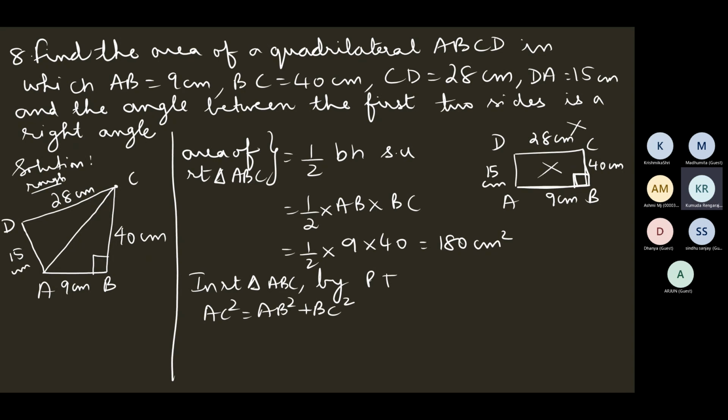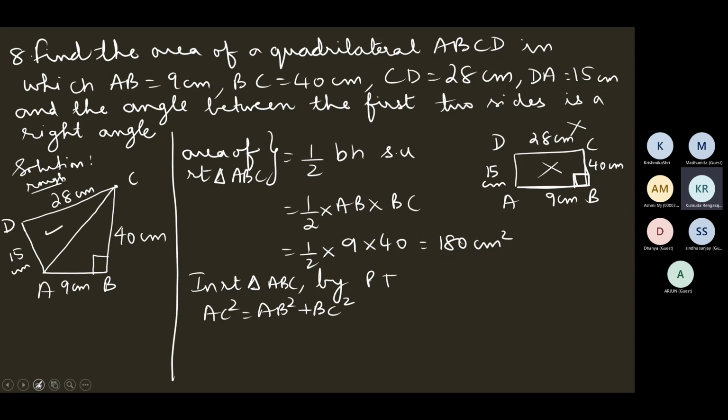Why are we using Pythagoras theorem in triangle ABC? We can use it only in triangle ABC. You might think, why not use Pythagoras theorem in triangle ADC and find AC?